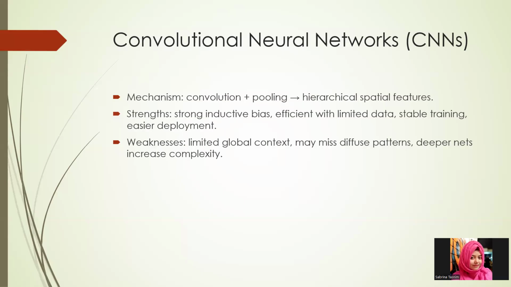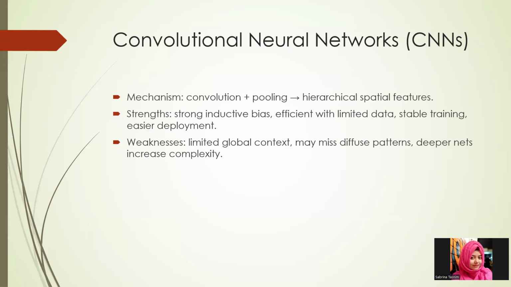What is this actually? CNN, in short, operates using convolutional and pooling layers to extract hierarchical spatial features. In pneumonia detection, early layers capture edges and textures, and deeper layers learn more complex pathological patterns. CNNs have a strong inductive bias towards spatial locality, meaning they are naturally suited for structured image data like X-ray.